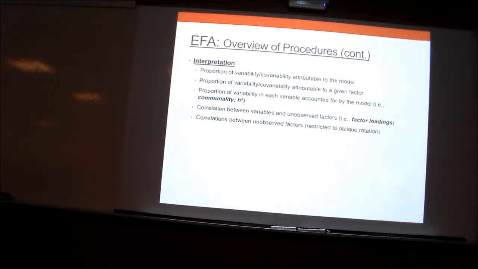Correlation between variables and unobserved factors. These are going to be our factor loadings. How good are our individual items as indicators of the underlying factor? If we've got high factor loadings, that suggests this item that I've written does a very nice job of mapping on, at least within the context of these data, capturing the underlying construct. Or if that factor loading is really weak, it suggests that it's not a very good item, right? And then correlations between our unobserved factors, depending on the rotation that we select.